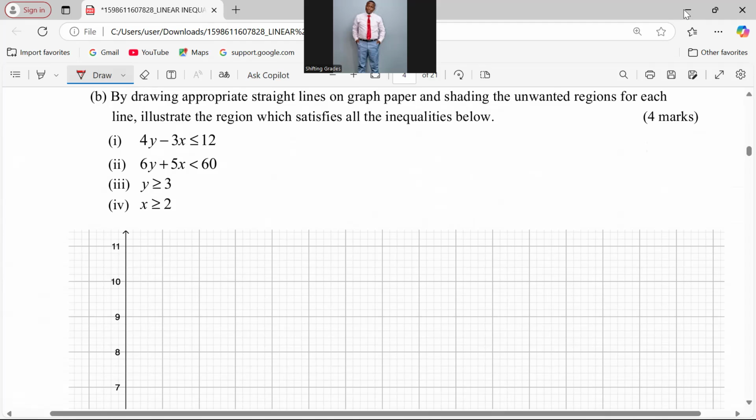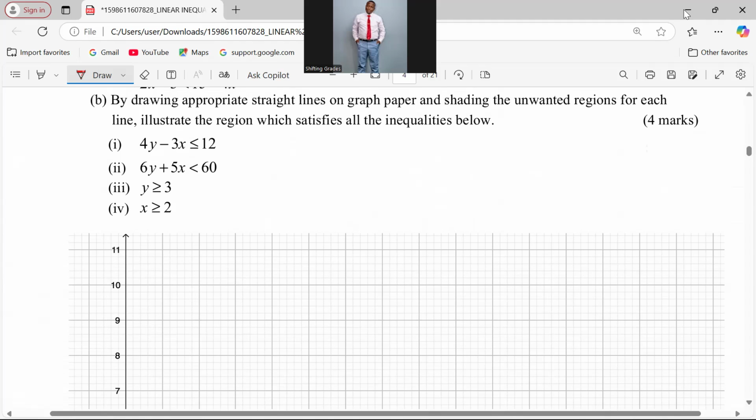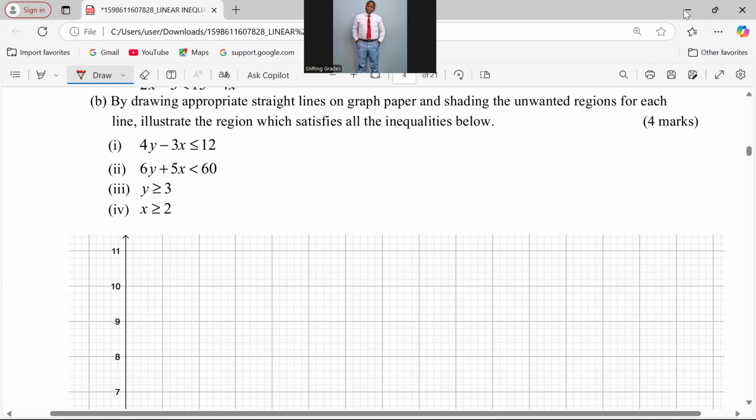So for now, let's use provided inequalities here. By drawing appropriate straight lines on graph paper and shading the unwanted regions for each line, illustrate the region which satisfies all the inequalities below.